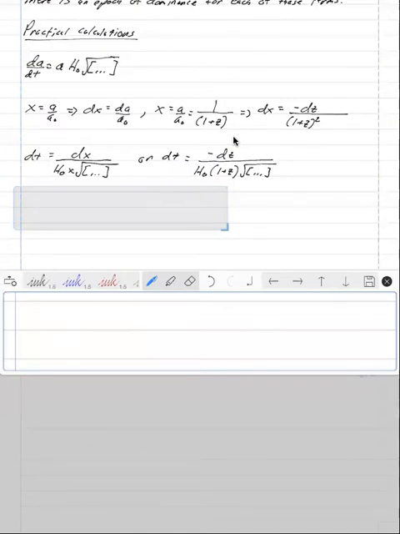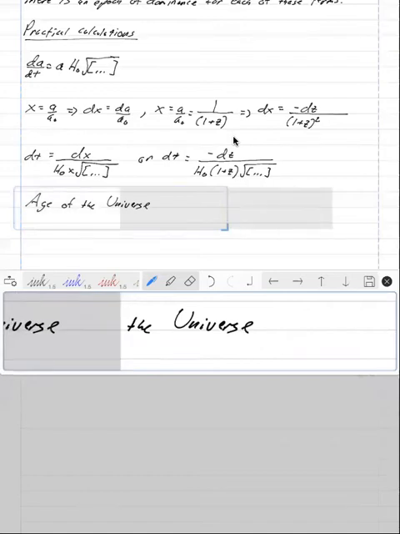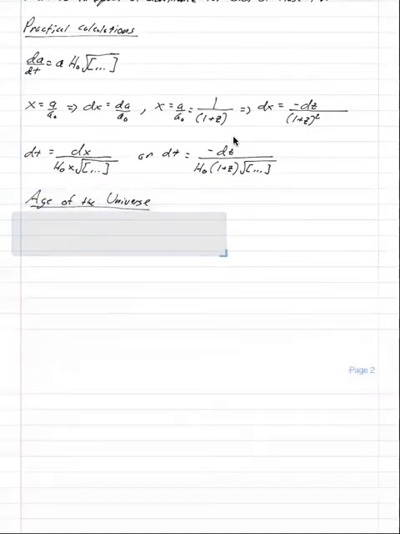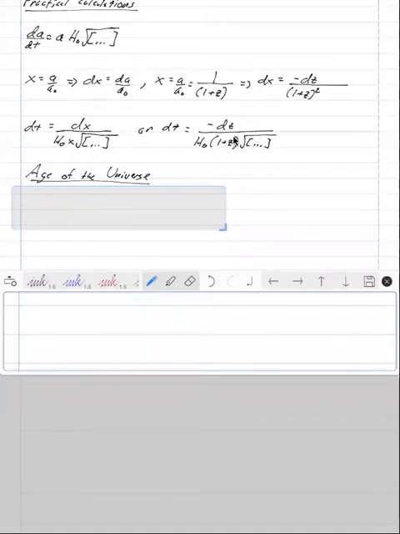So for example, if we want to find the age of the universe, given this multi-component universe, then we just integrate the left-hand and the right-hand sides. So we're going to integrate from 0 time to some time later, dt, which is equal to t.